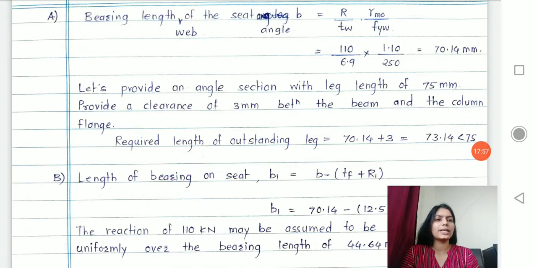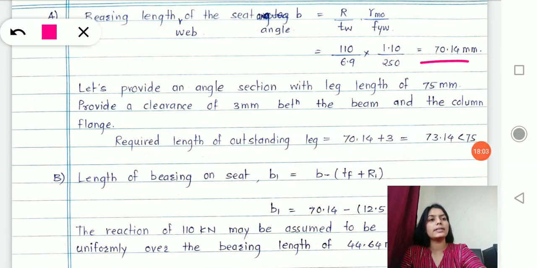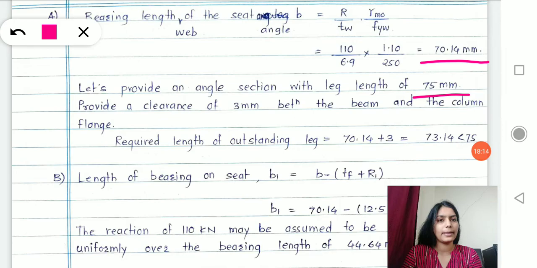Now I'm taking the assumption that I'm providing a little more than the required. How much is required? 70.14 mm. Now provide an angle section with a leg length of 75 mm. Then provide a clearance of 3 mm between beam and the column flange. As I said, we have to provide some clearance between the flange of your column and the beam which you are connecting to it. That clearance has a value range between 3 to 5 mm. I am providing 3 mm here.